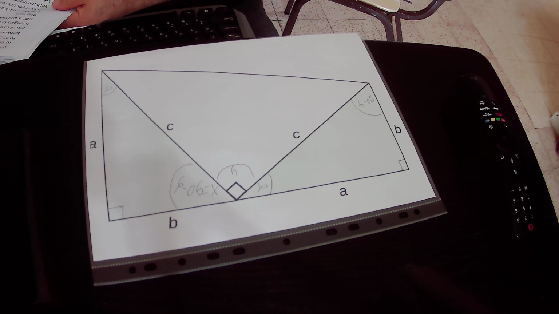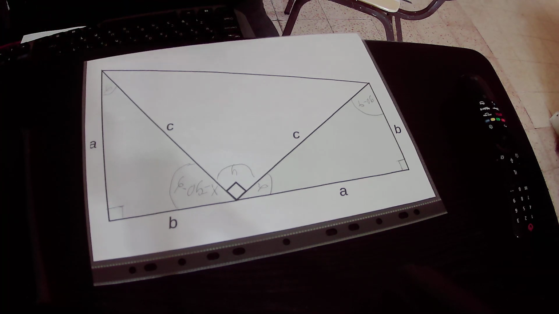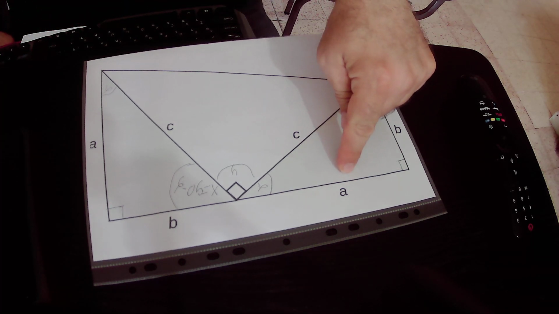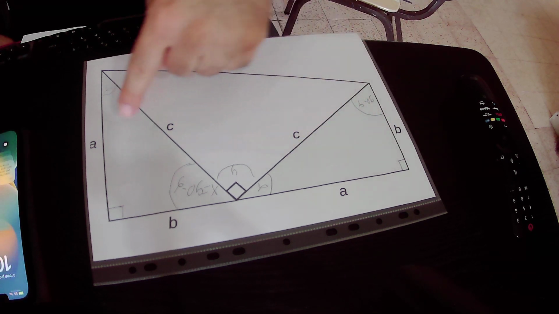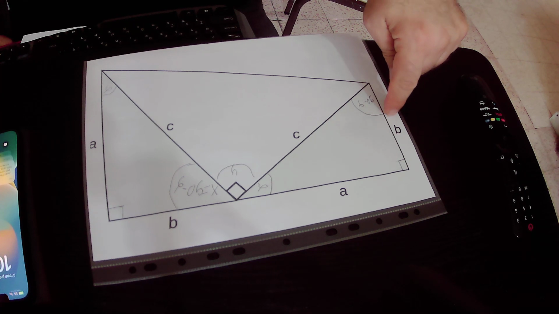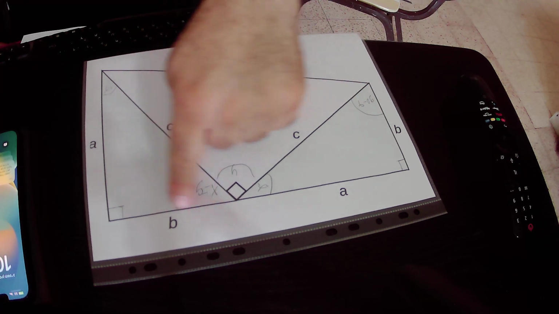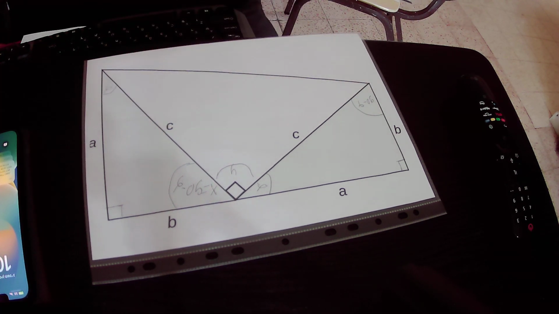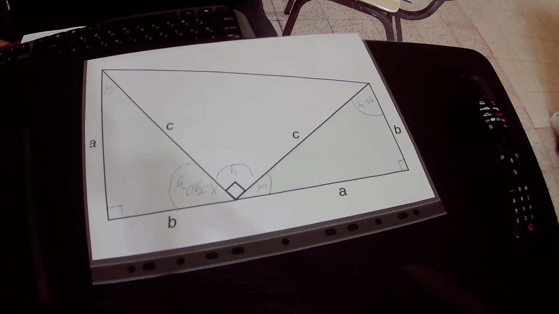We have two triangles whose two sides are equal to each other, side A and side B. So side A in this triangle is equal to side A in this triangle, and side B in this triangle is equal to side B in this triangle. And also the angle between those two sides is equal in both triangles.